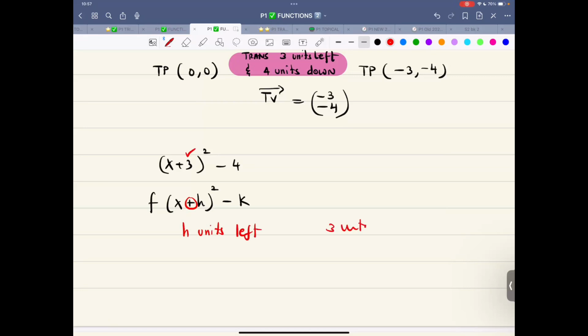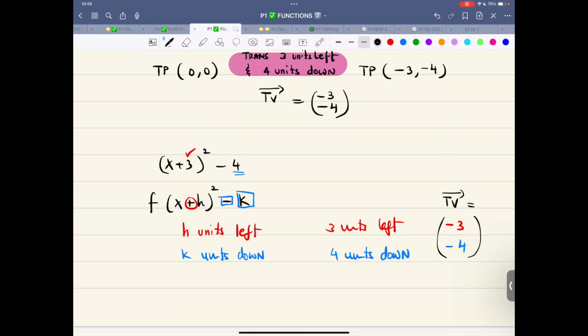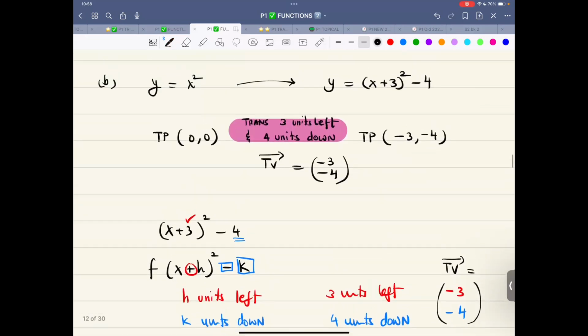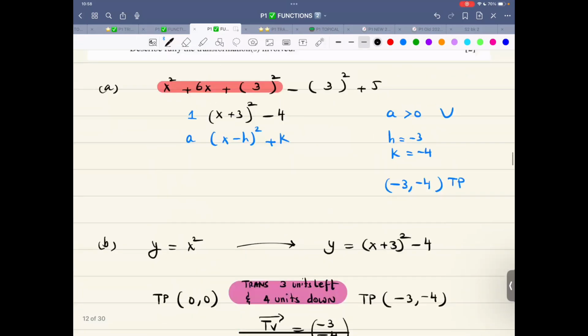So this h in this case is 3, that is 3 units left. And over here, k with a negative sign, that is 4 with a negative sign, means k units down. So therefore, this is 4 units down. And the translation vector has a 3 with a negative sign and a 4 with a negative sign, and that is the translation vector right over here. So there are 2 ways of explaining the truth.